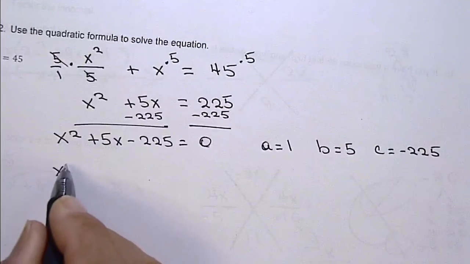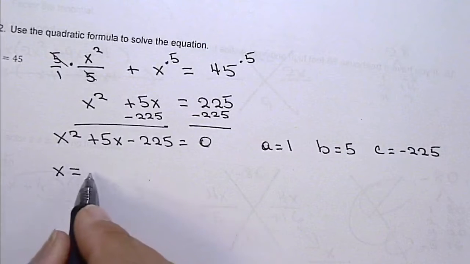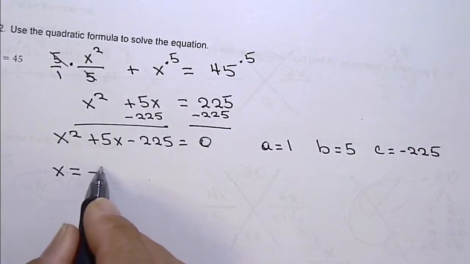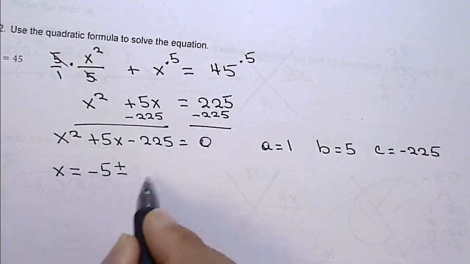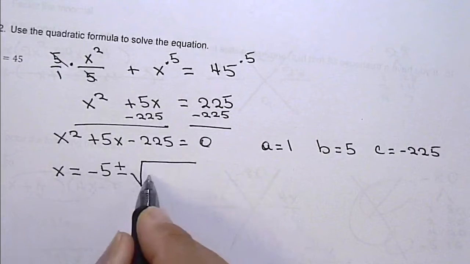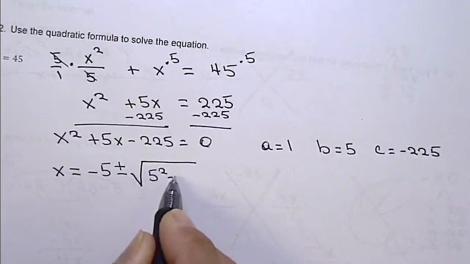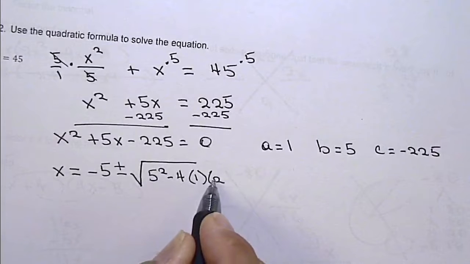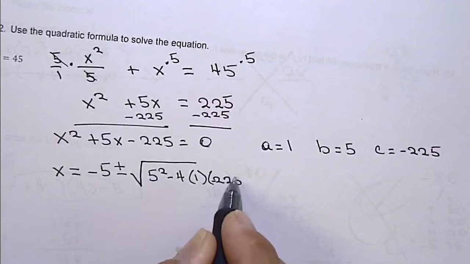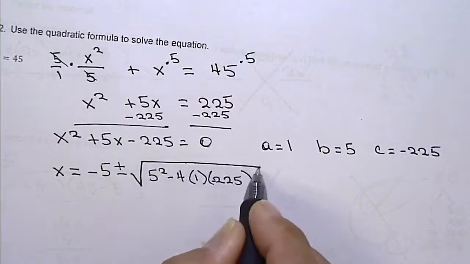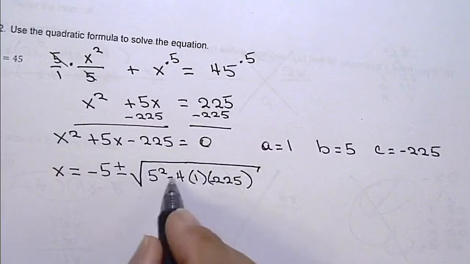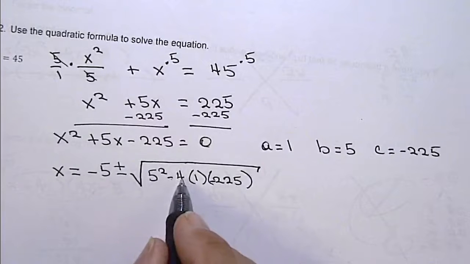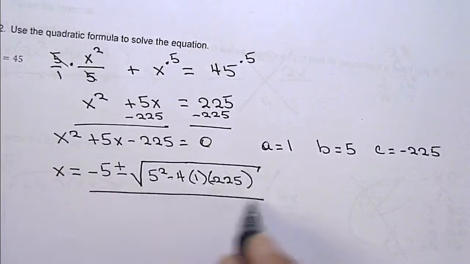I say x is equal to negative b plus or minus the square root of b squared minus 4 times a times c. Whoops, negative 225, right? Don't forget that. It will change it all. So a negative times a negative here is going to give me positive, isn't it? All over 2a.